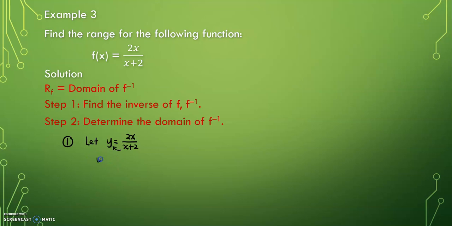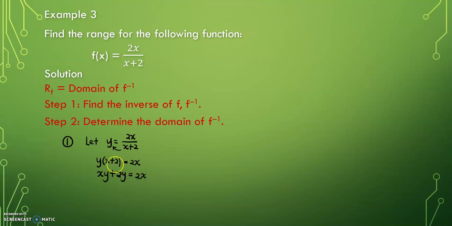So it will become y times (x plus 2) equals 2x. Next, I will expand this left hand side. So y times x, xy, y times 2, so plus 2y equals 2x.